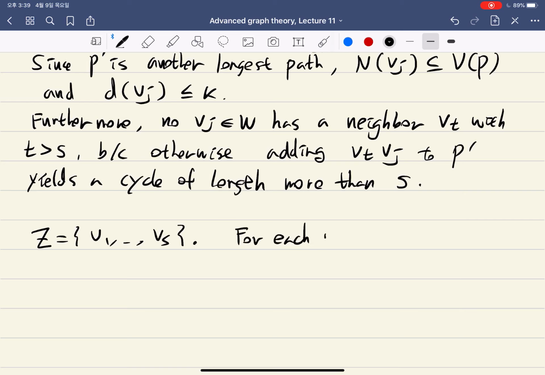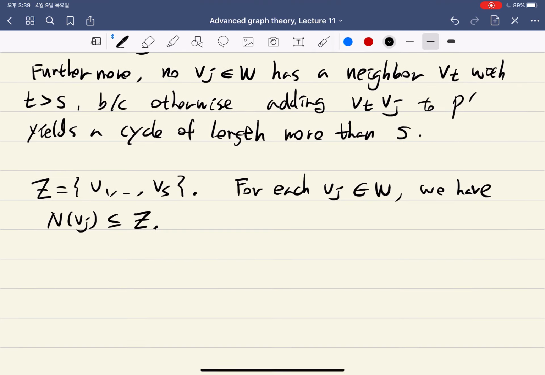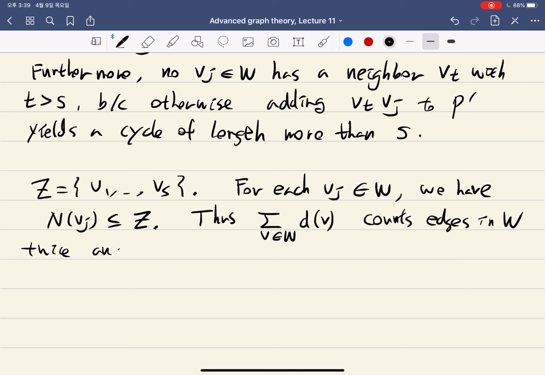For each Bj in W, its neighbors lie in G. Then the summation of all degrees in W counts edges in W twice and edges in this cut between W and G minus W once.